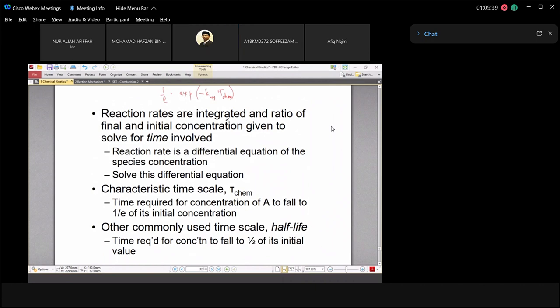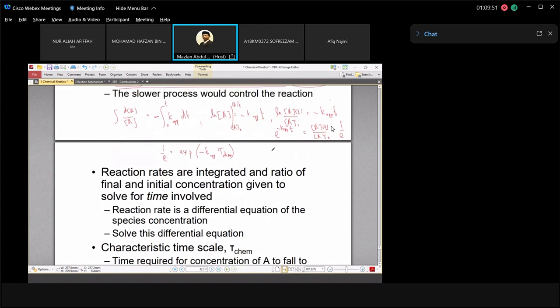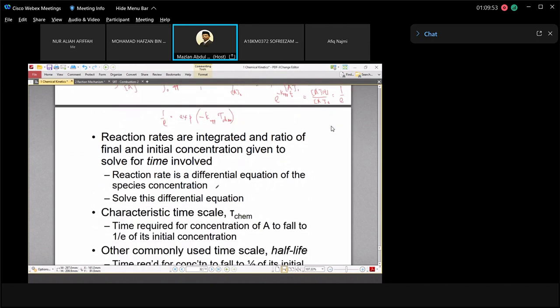Reaction rate are integrated and ratio of final and initial concentration given to solve for time involved. Reaction rate is a differential equation of the species concentration. Solve this differential equation. That's what we see here. We need to solve it.